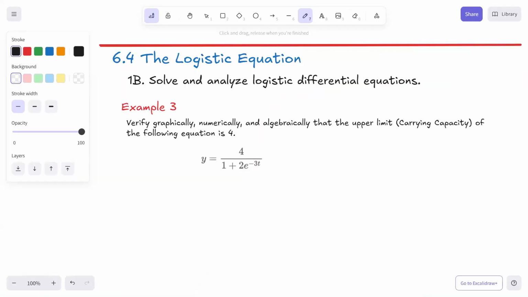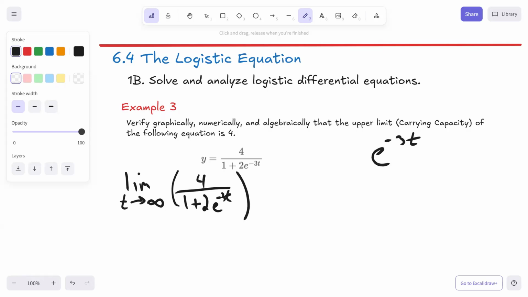The last way we want to verify this is algebraically, and that's where you have to literally show your work for the limit as t approaches infinity of 4 over 1 plus 2e to the negative 3t. If we just look at the e to the negative 3t, remember that's 1 over e to the 3t because of the negative exponent.